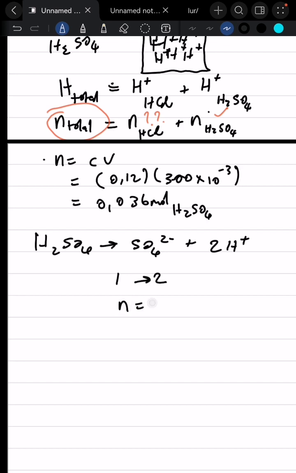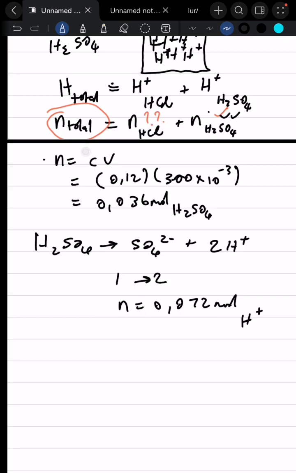So our number of moles of hydronium ions would be 0.036 times 2, that's 0.072 moles of H plus ions, coming from sulfuric acid. So I can tick off what I have for sulfuric acid.